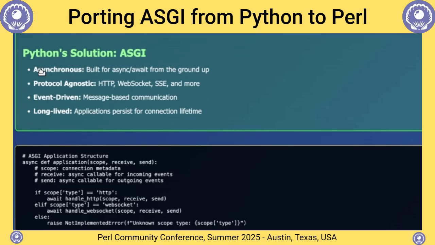So you can see here, the first thing we're doing is checking for the type. And in this case, it's HTTP. Just so you understand, this could be used not just for responding to HTTP requests or WebSocket requests or server-side event requests. It allows you to define things like a life cycle for the application.